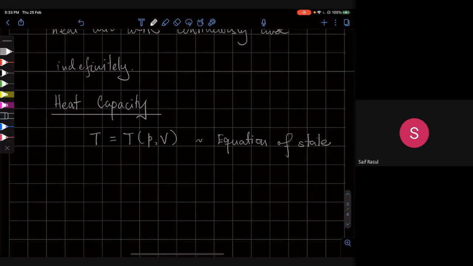We can use the equation of state to express the energy in terms of, say, the temperature and the volume. I'm just using U, I could have used E. So this is the internal energy.